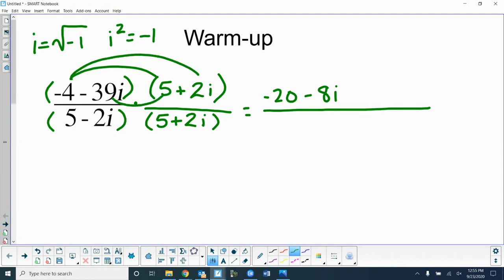Inside is negative, what is that? 195? Is that what that is? I think. And then last, -39 times the +2 is a -78 i squared. Just like x times x is x squared, same thing with the i's.